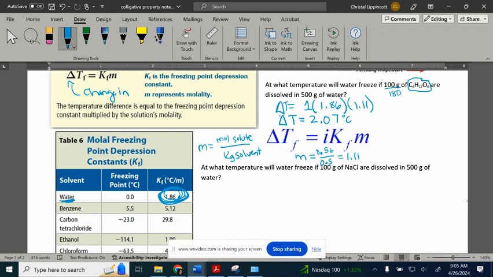So that means that my freezing point is going to go down. My freezing point normally is 0. So what is my freezing point going to be now? Negative 2.07 degrees Celsius. That is my answer. I have to take what my freezing point would normally be and subtract that temperature from it.